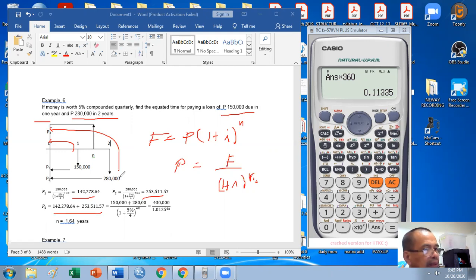So, ang tanong, ano yung equivalent? Ang ibig sabihin nito, magiging isa na lang yan. So, instead of dalawa, ito yung dalawang P1 at saka P2.